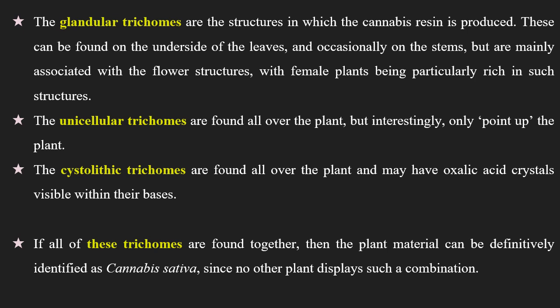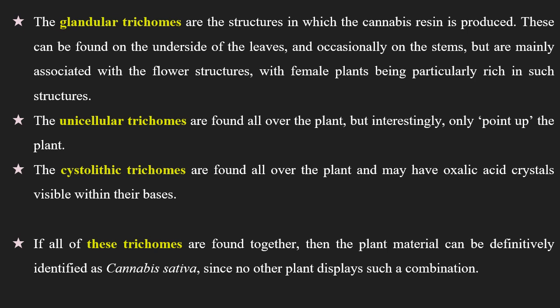The glandular trichomes are the structures in which the cannabis resin is produced, whereas the unicellular trichomes are found all over the plant but only point up, whereas the cystolytic trichomes are found all over the plant and may have oxalic acid crystals visible within their bases.